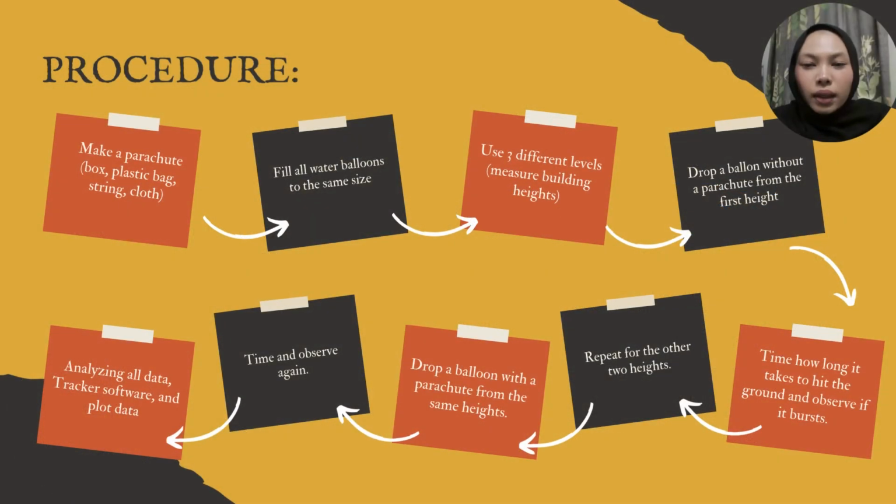Alright, so next I'm going to explain how to make this experiment, which is the procedure. First and foremost, our group made a parachute which contains a box, plastic bags, string and cloth, which is used to secure the balloon.